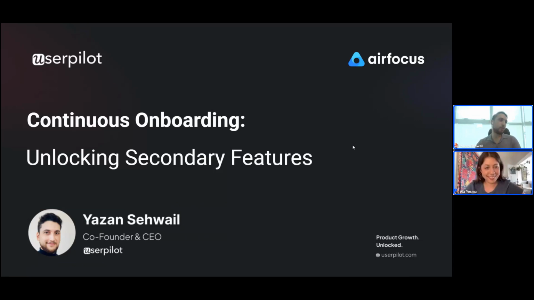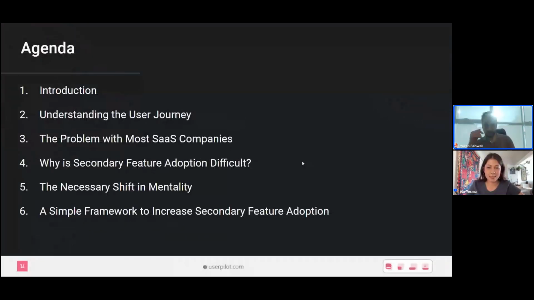Yes. So let's just slowly go over some of the topics that I want to discuss today. We'll start out with a little introduction about feature adoption in general and why it's more important today in SaaS than say 10 years ago. Very simply, we'll understand the user journey, and I will keep discussing things in the most simple way.